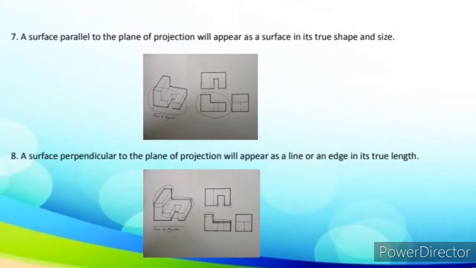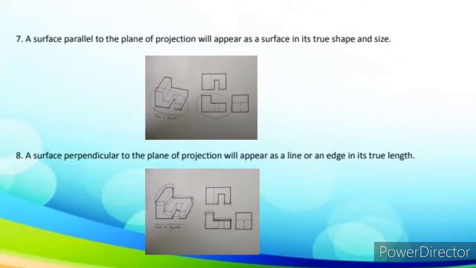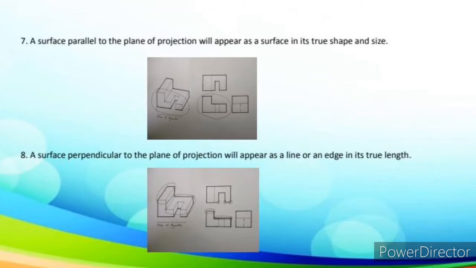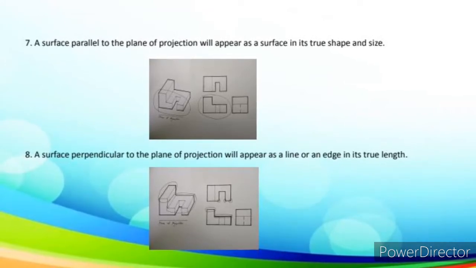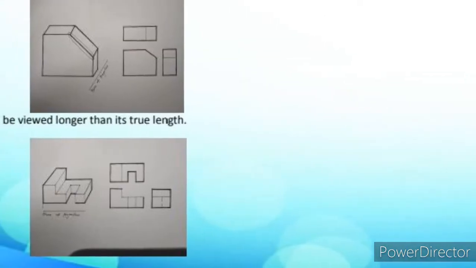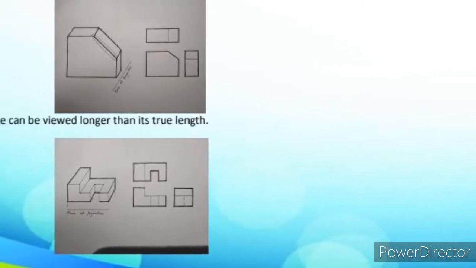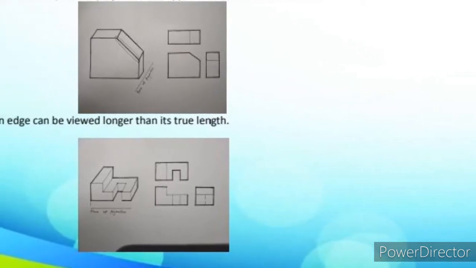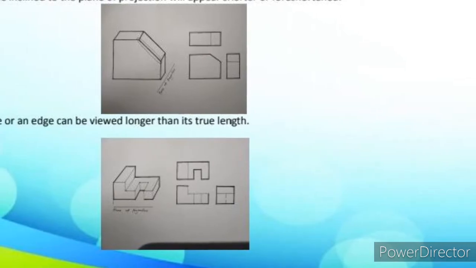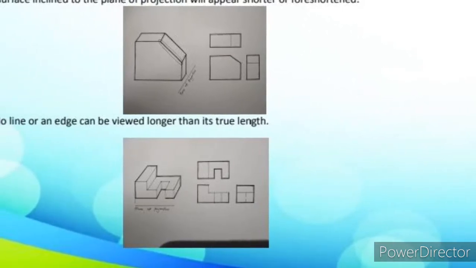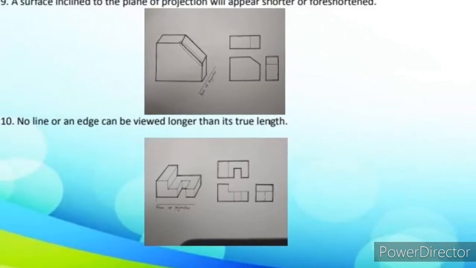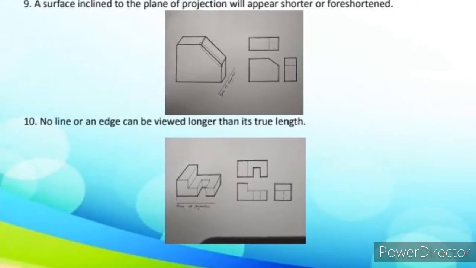A surface perpendicular to the plane of projection will appear as a line or an edge in its true length. 9. A surface inclined to the plane of projection will appear shorter or foreshortened. 10. No line or an edge can be viewed longer than its true length.